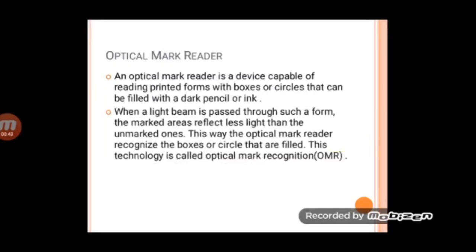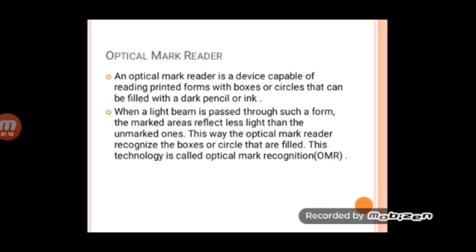Now the next topic is optical mark reader. An optical mark reader is a device capable of reading printed forms with boxes or circles that can be filled with a dark pencil or ink. Now how does it work? When a light beam is passed through such a form, the marked area reflects less light than the unmarked ones.